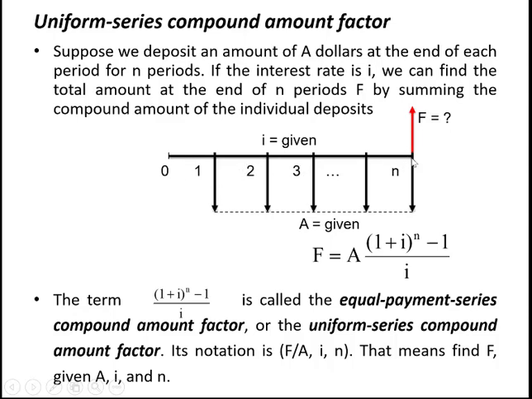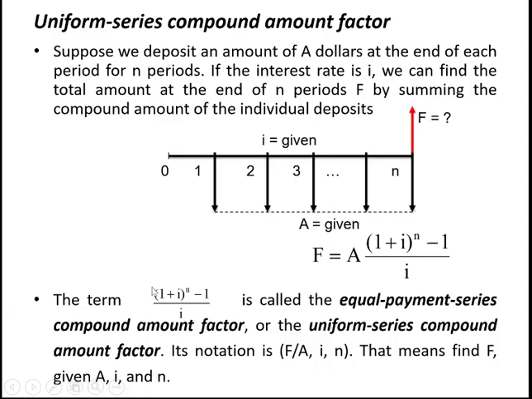Then we sum up to get the future worth of the uniform series of A. And then we have this formula: F equals A times a factor, (1 plus i) to the power n minus 1, divided by i.